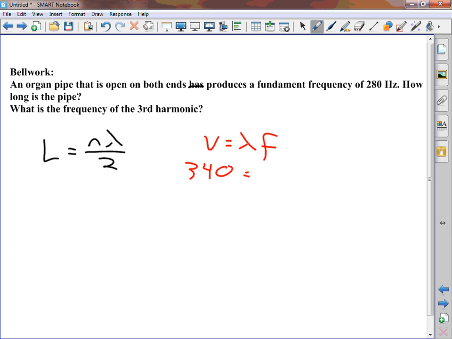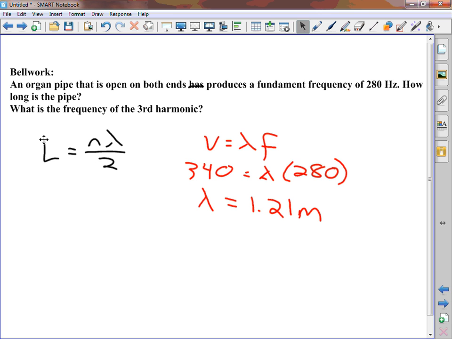So 340 equals lambda times 280 hertz, right? What wavelength does that give me, please? 1.21? 1.21 meters approximately.